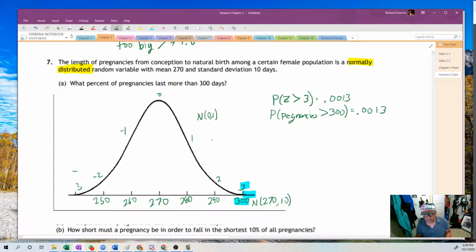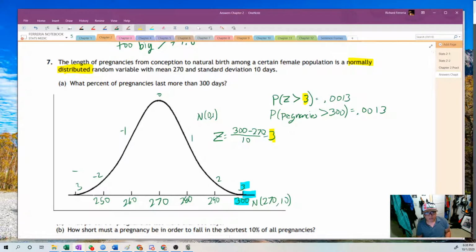We didn't put down the z-score conversion, so we really should do that. The z-score is equal to 300 minus the mean of 270, divided by the standard deviation of 10. So that's going to equal 3. And if you're wondering, this 3 is why this is a 3 here.